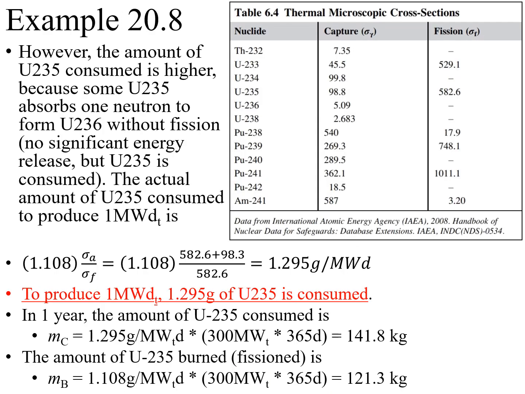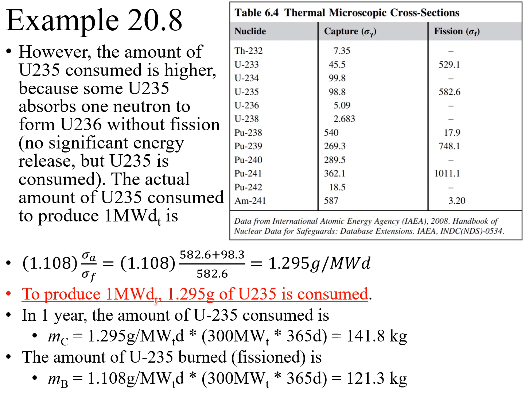However, the total amount of the 235 that is consumed will be higher than the previous value, because some of the 235 will absorb a neutron without fission. That means the neutron is consumed by 235 and 235 is consumed, but you don't get any fission energy.